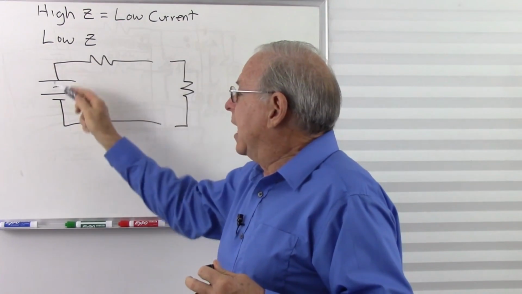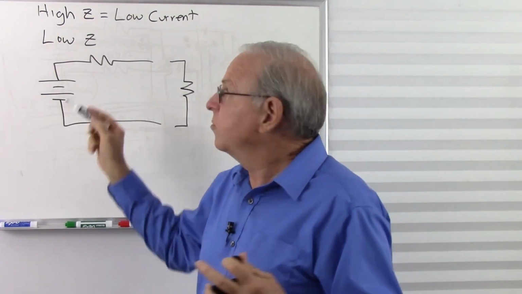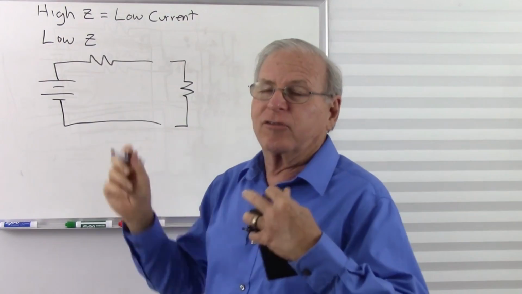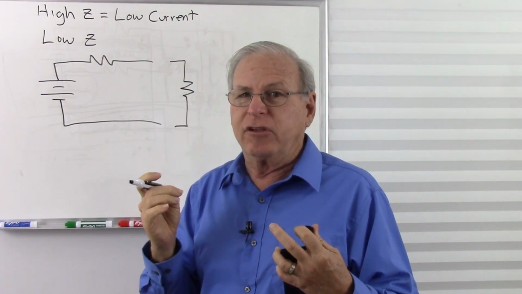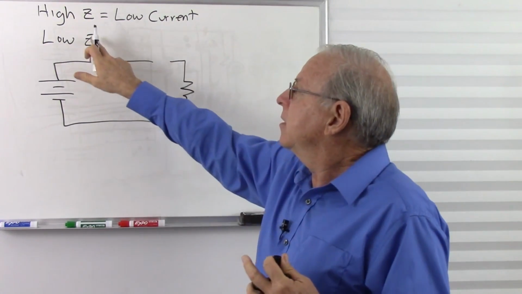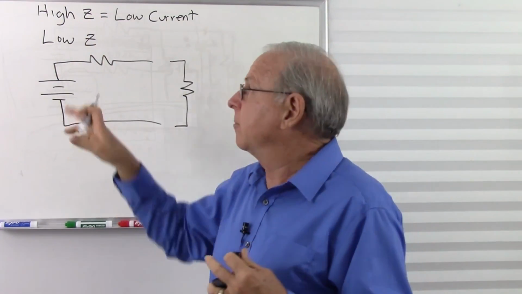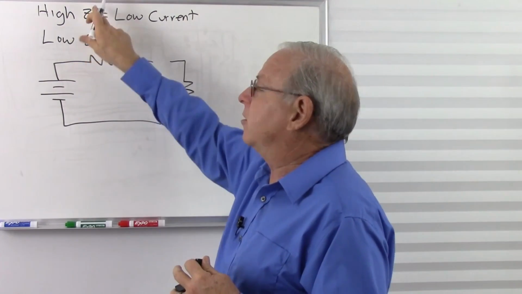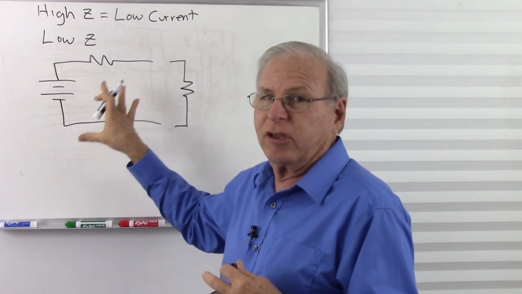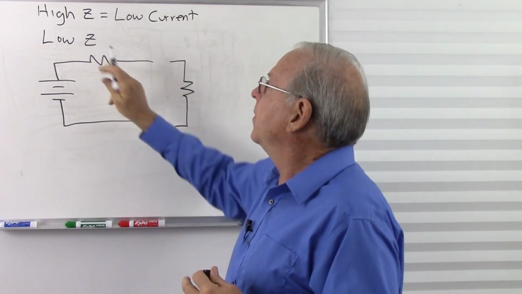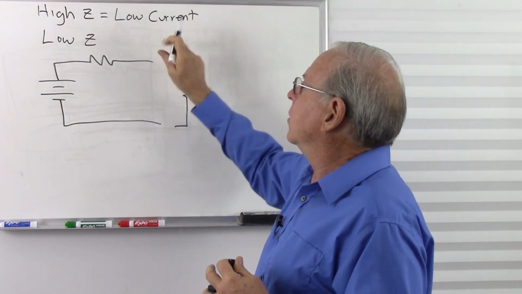Since this is a DC circuit, we could use ohms. Z represents a complex impedance you have in AC circuits, but this could be ohms. I'm just using Z because we're talking about impedance. That could be an omega if we were talking about DC circuits and simple resistors. So high impedance is associated with low current.